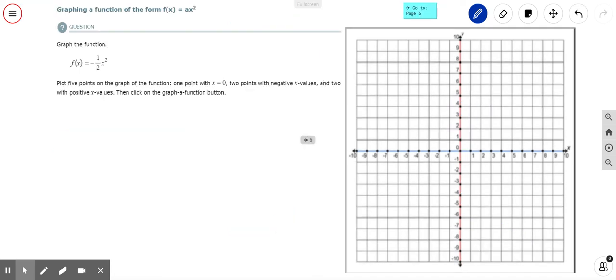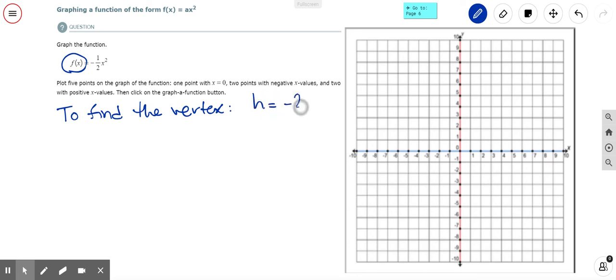Okay, next. Oh my gosh, it's the same thing we just did, except for look, instead of y, they changed it to f of x. It's not that big of a deal. So let's go ahead and find the vertex. To find the vertex, we're going to use the formula h is equal to negative b over 2a.